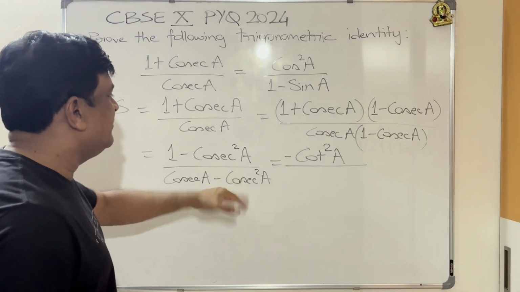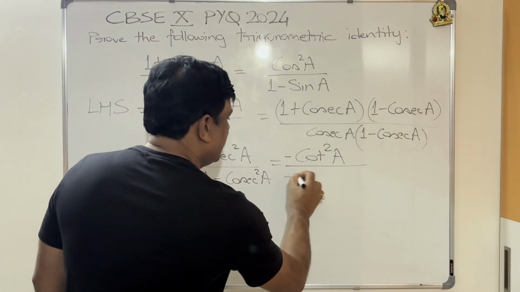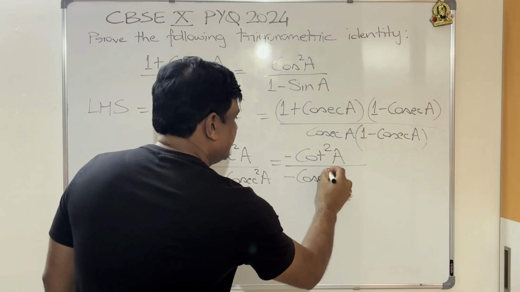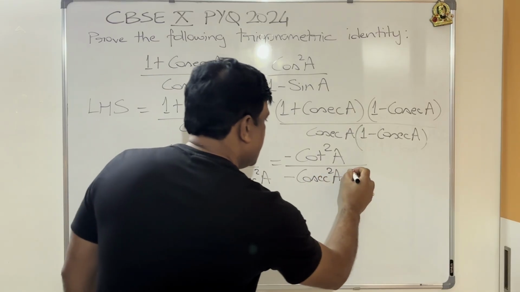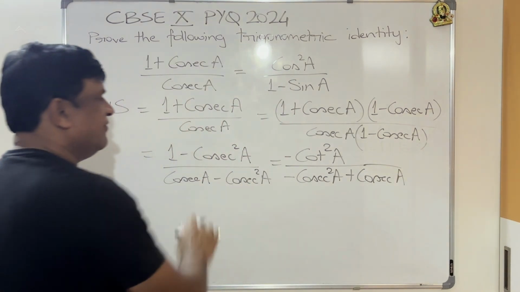So can I convert this into sine? Okay, I'll write it like that. I'm going to put it like this: cosec square A plus cosec A, and I just reverse these terms.